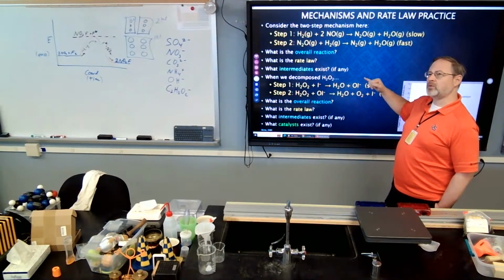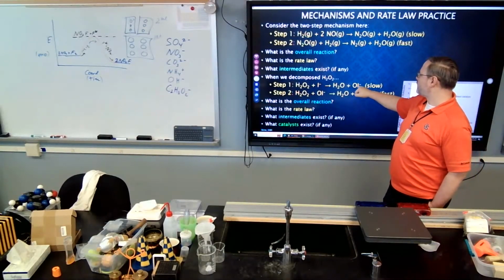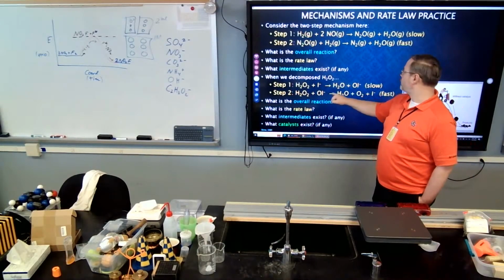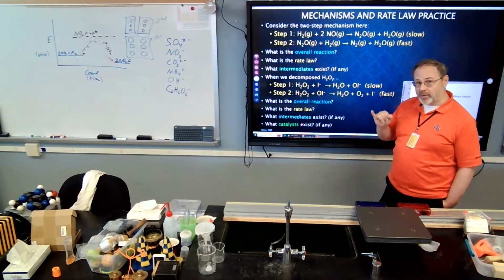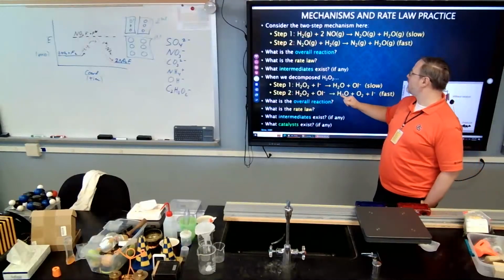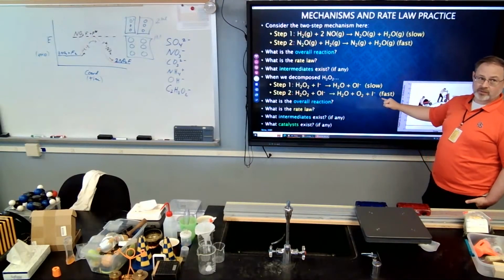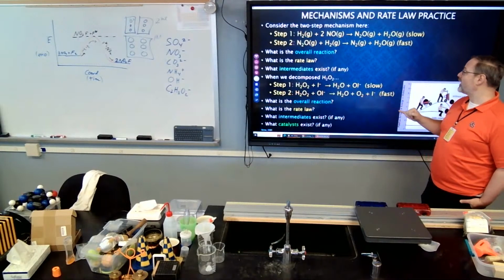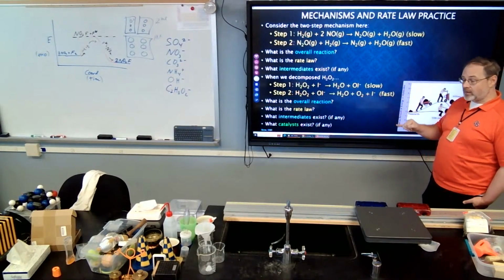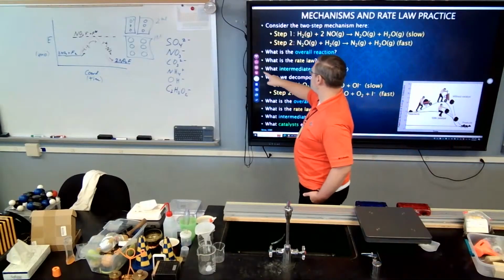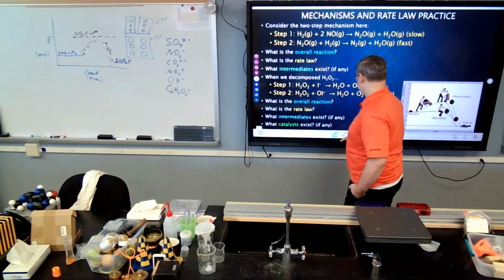I can't remember if that's iodate or what, but it makes that, and then it also consumes it. So OI is an intermediate. But take a look at iodine. It's there as a reactant, and it's there as a product. So it is a catalyst. Catalysts do show up in the rate law, which is kind of funky, but it just happens.